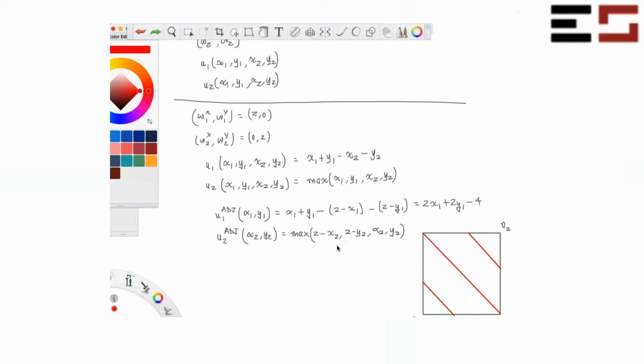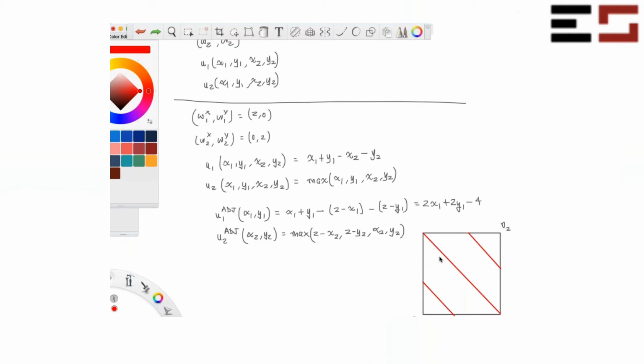So none of them can be more than 2, right? That's not possible. x1 cannot be more than 2, y1 cannot be more than 2, x2 cannot be more than 2, y2 cannot be more than 2. So definitely the satisfaction level is bounded above by 2. So the maximum possible utility is 2.